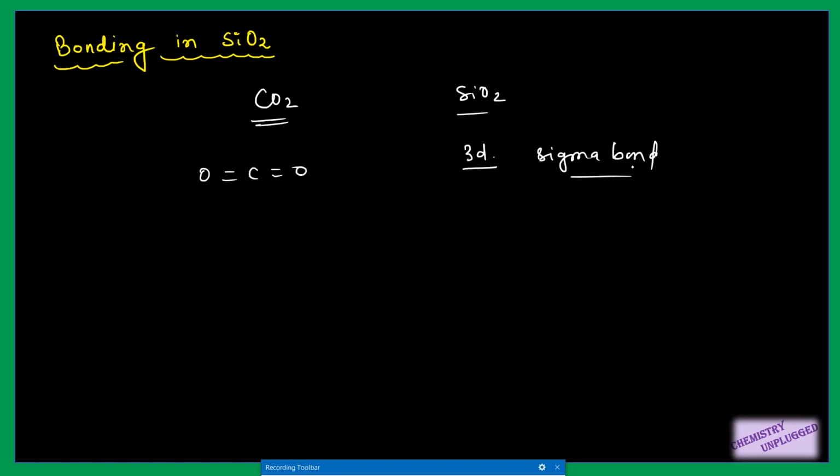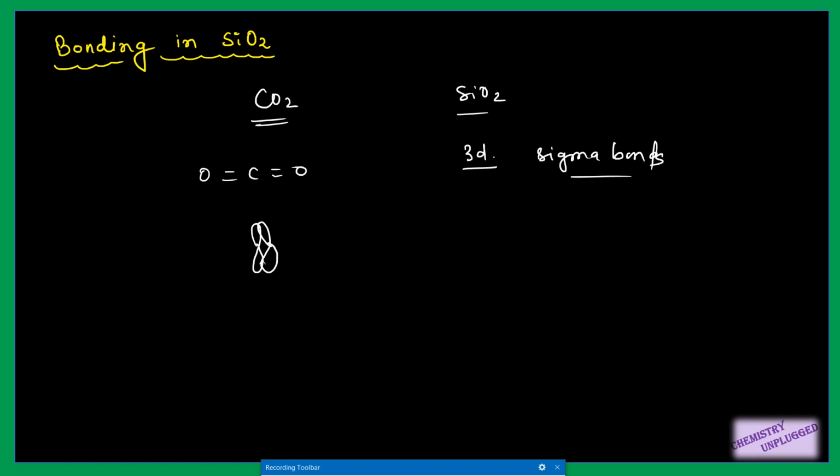So in case of SiO2, it has a 3D structure with sigma bonds, right? Why is this happening, that in the same group, as we go down the group, the tendency to form pi bonds decreases? Pi bond is formed by sideways overlapping, as we all know.